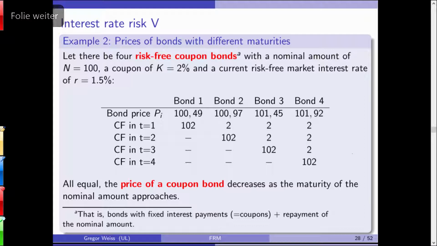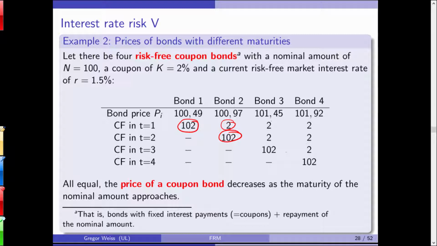The second example: let there be 4 risk-free coupon bonds with a nominal amount, a notional value of 100, a coupon of 2%, and a current risk-free market interest rate of 1.5%. Again, you can see you have 102, 2, 102, 2, 2, 102, and so on. To calculate the price, ideally we would use maturity-specific interest rates from the yield curve.